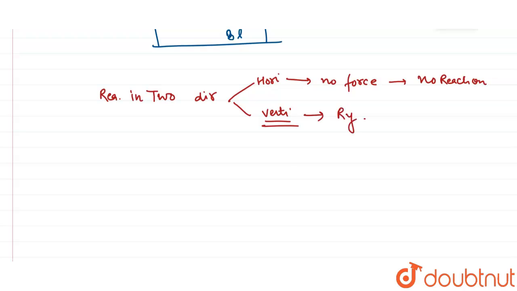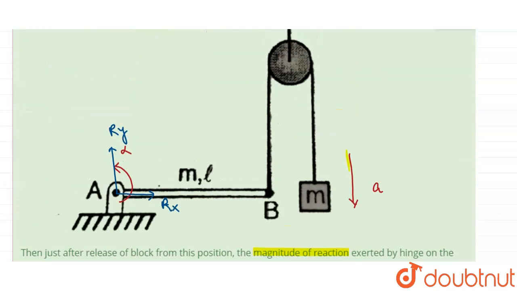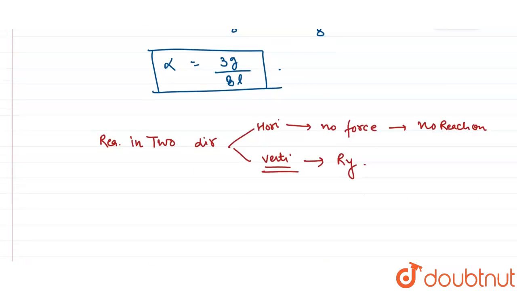So I can write the equation for vertical direction. In vertical direction the tension is acting, this is T, this is also T, this is mg, and at the center of mass this is also mg. So basically in vertically upward direction or in y direction there are three forces: first is Ry, second is tension, and third is mg.